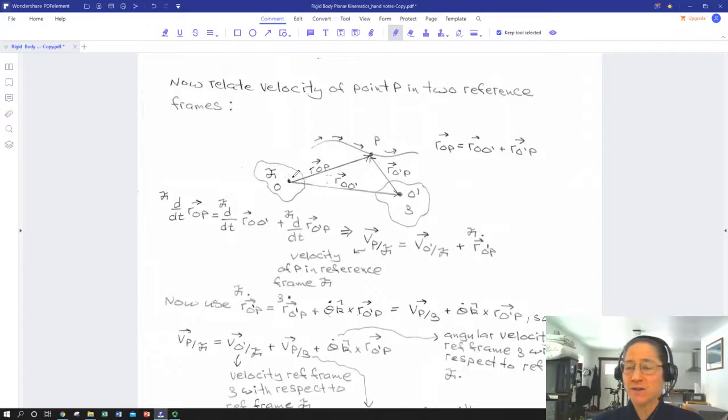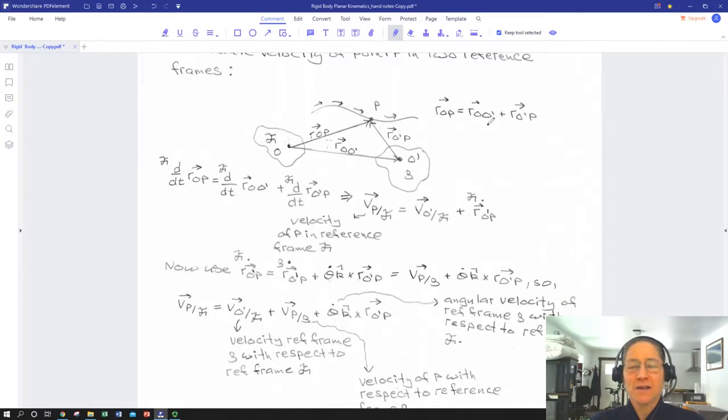We can't just use the motion with O. So we're going to look at P versus O in reference frame F, P versus O prime in reference frame B, and then O to O prime, which will give us an idea of what the two reference frames are doing relative to each other. Hence, you'll hear relative reference frames. So we're going to have to deal with the fact that we could have relative motion between these two rigid bodies. So we're going to start with some vector addition.